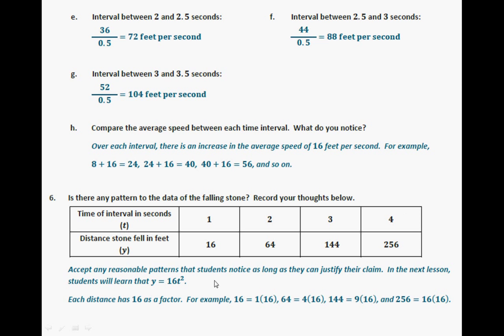So if you noticed any pattern, you would have said each has a factor of 16. So we're multiplying by 16. 1 times 16, 4 times 16 is 64, 144 is 9 times 16, and so on and so forth. The pattern is actually y equals 16 times t squared, but you won't get to that until the next lesson.